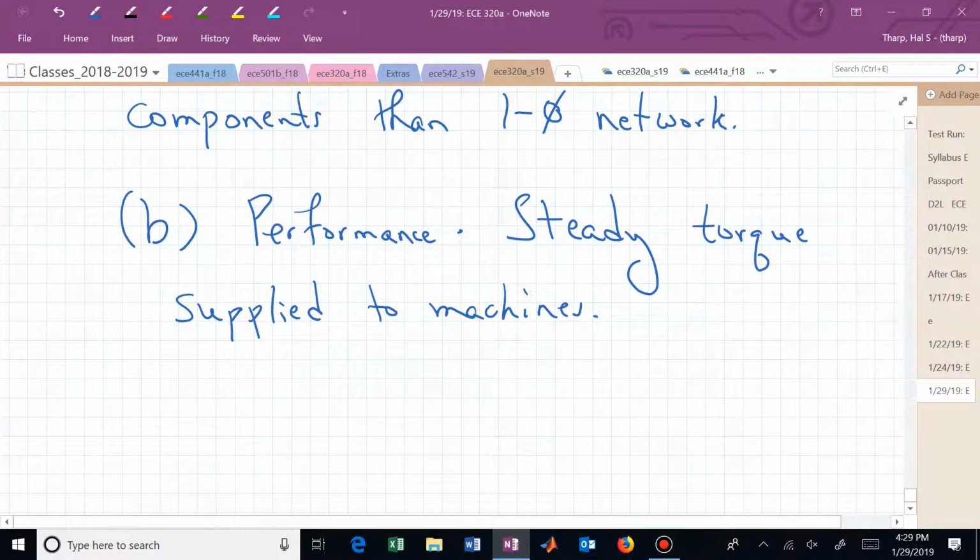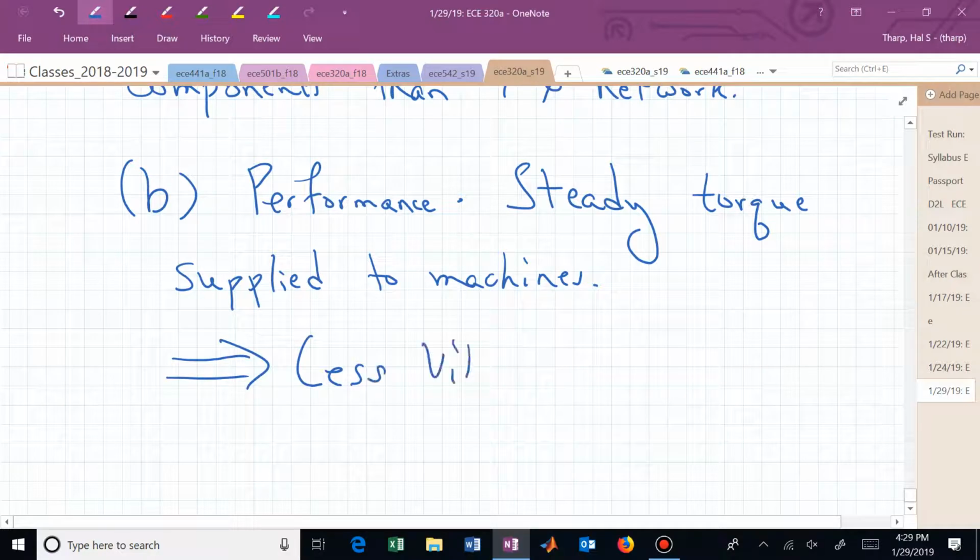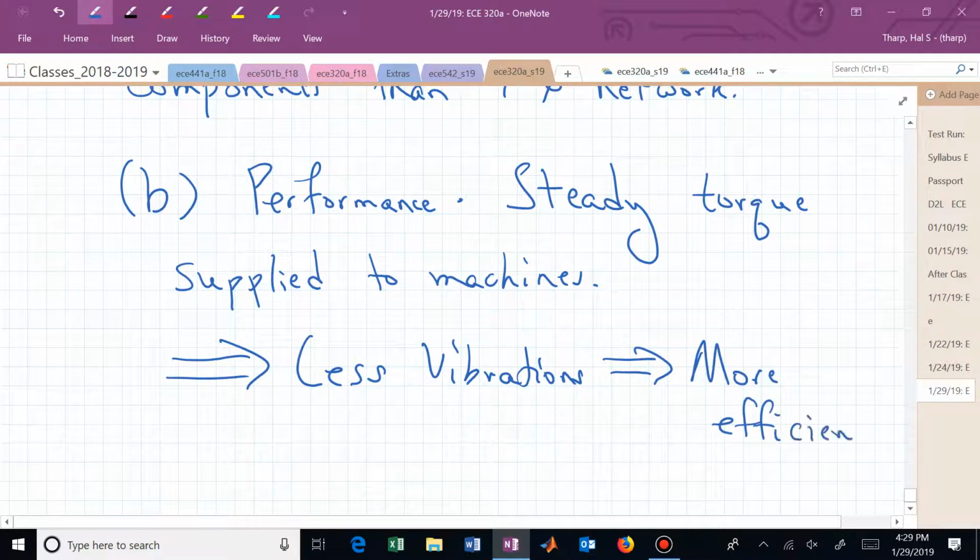Now we have a smooth A, B, and C, giving us a steady torque on the shafts of our generators or motors. So the steady torque supplied to machines means that we have less vibration, and we probably don't have to service systems as much. It's more efficient.